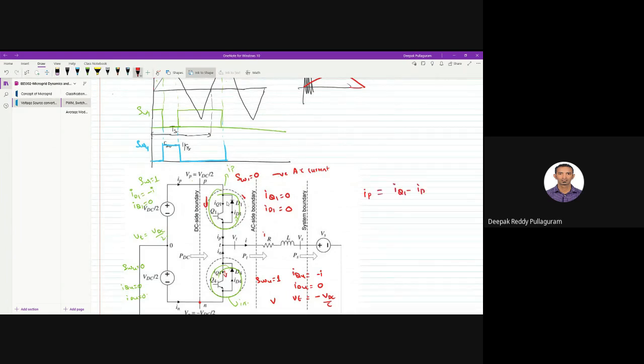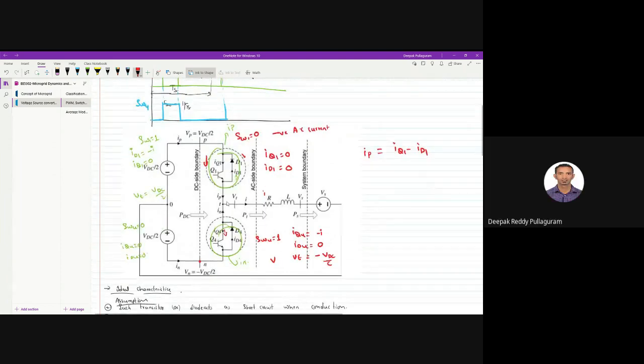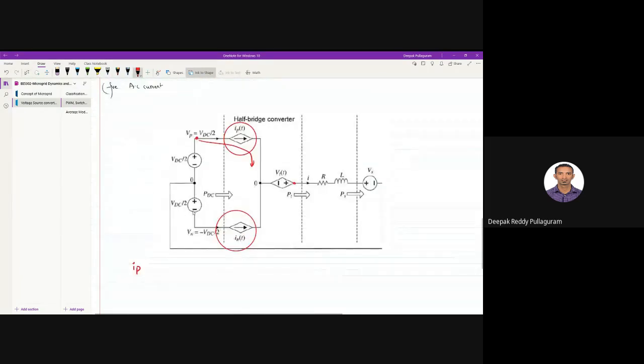IQ1 minus ID1. Similarly, IN direction is like this. How can I write the equivalent value of IN? ID4 minus IQ4. So that's how I represented IP and IN equivalently, which indicate the net switch current.